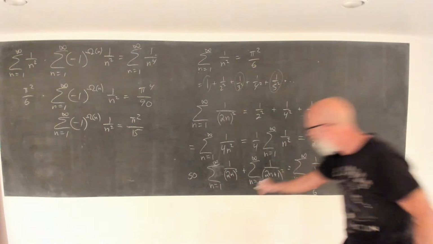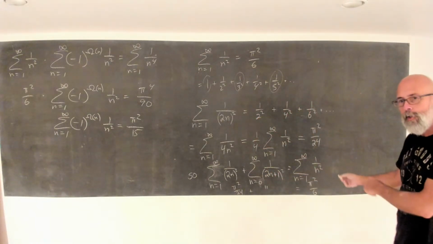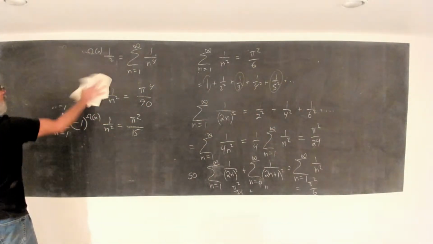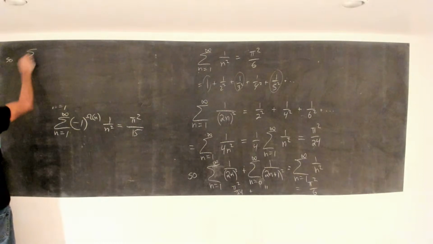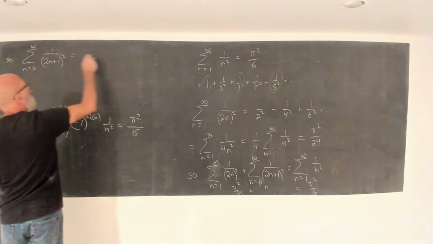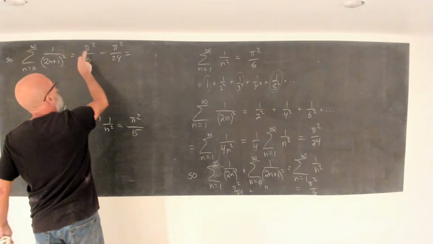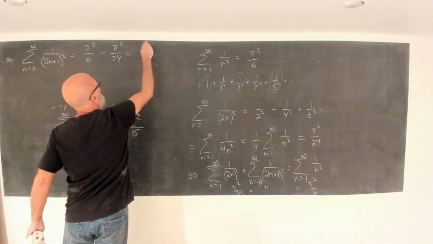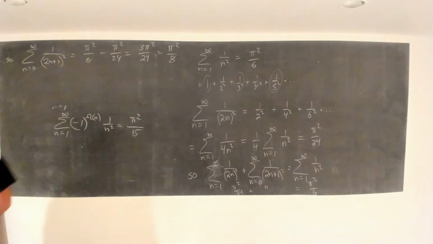This we just worked out to be pi squared over 24. So this one is the difference between the two, pi squared over 6 minus pi squared over 24, which is 4 minus 1 is 3, pi squared over 24, or pi squared over 8.